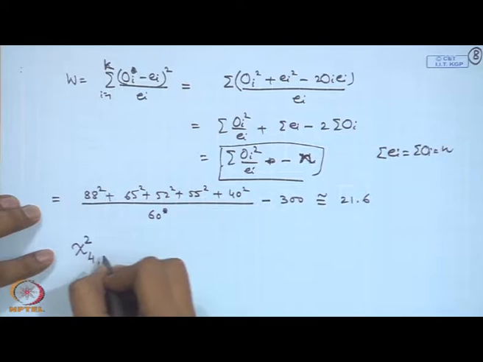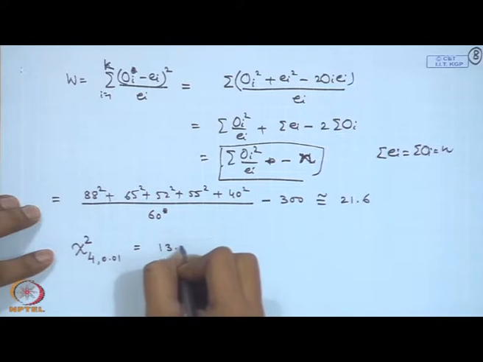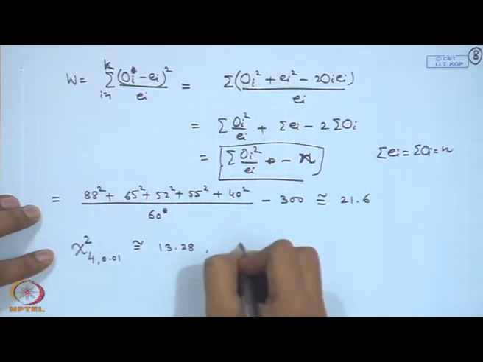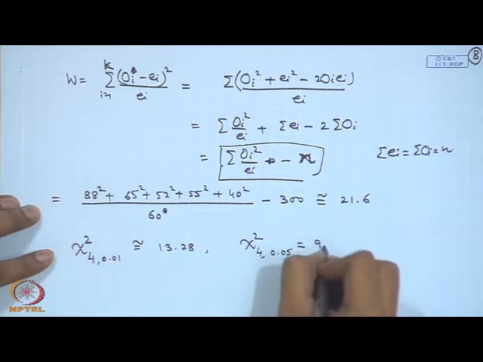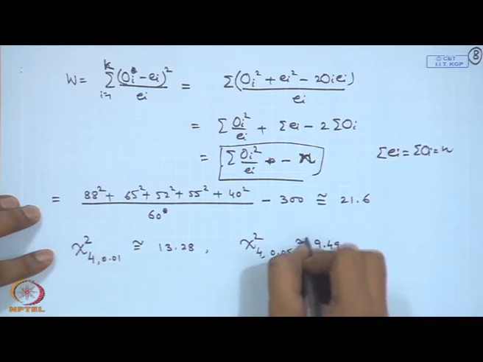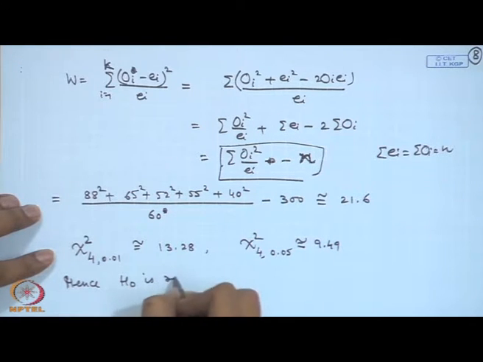For example, at the 0.01 level, it is 13.28. Suppose we consider the chi-square value at 0.05, then it is equal to 9.49. So, you can easily see that H naught is rejected.